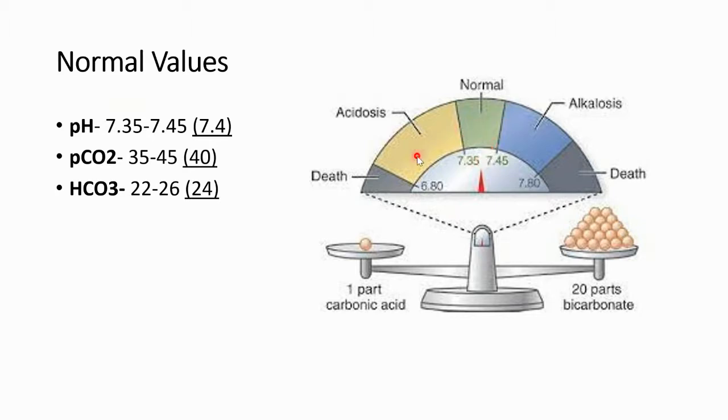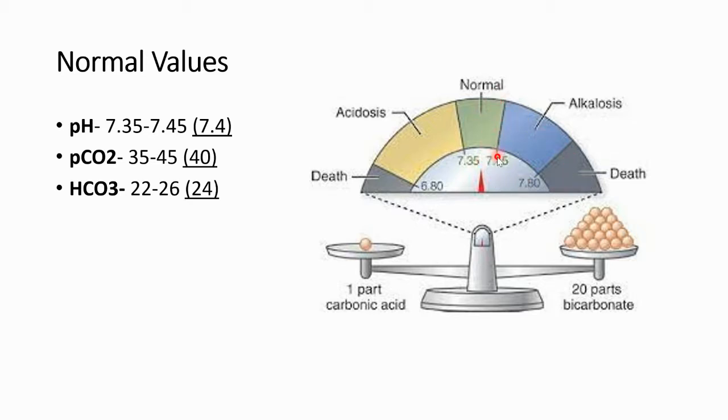So when somebody becomes acidotic or alkalotic, or you're taking medications, or you're exercising, or whatever it is, the body's always striving to get into this range, but more specifically to become perfect right here at 7.4. Anything to the left of 7.4, we consider acidotic. Any numbers to the right, we consider alkalotic.